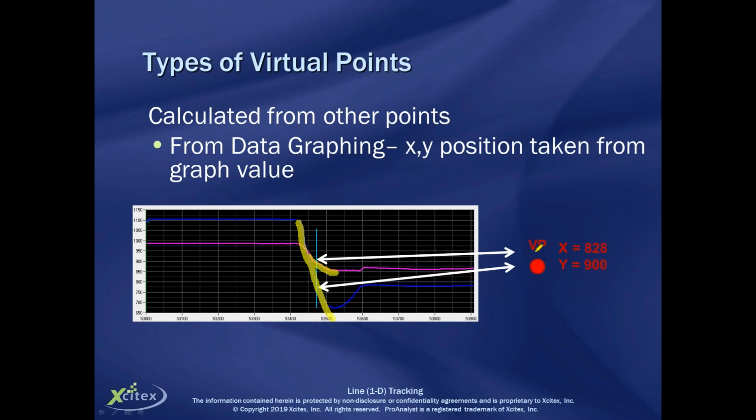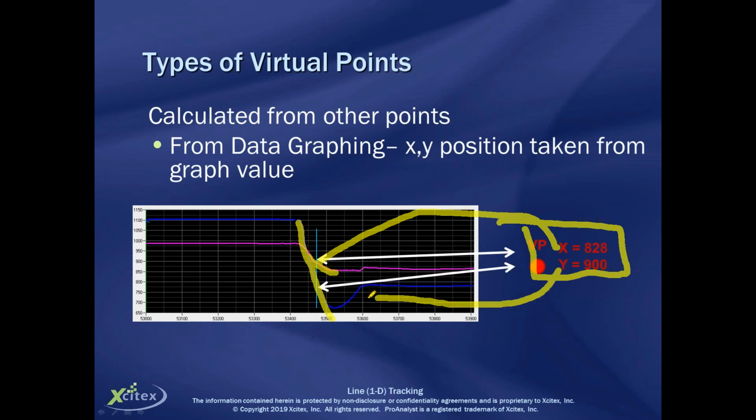And what it just does is it creates this floating virtual point, and it gives, for instance, in this instance, the X value is generated from our pink line here, and our Y value is generated from the blue line. So you can filter point lines and generate points based on filtered graph information from other points.